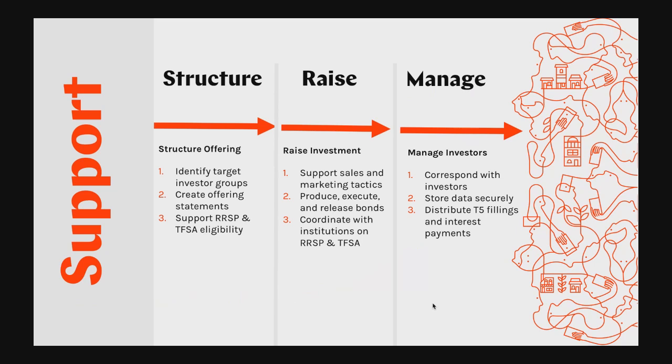The structure, the raise, and the management. This is going back to the earlier point about not having a recipe book, not having a cookbook to make community bonds scalable, to make them easily understood and cost-effective. Every community bond raise has these three elements: structure, raise, and manage.